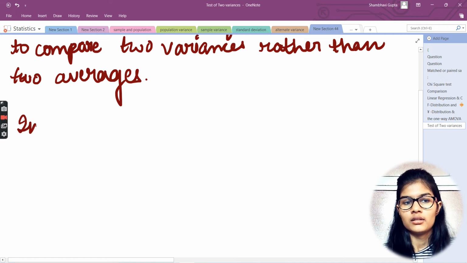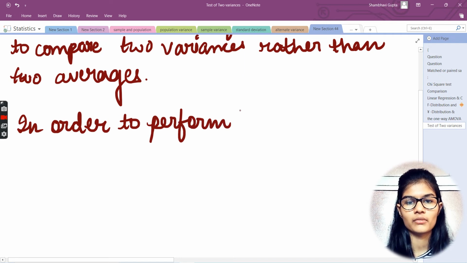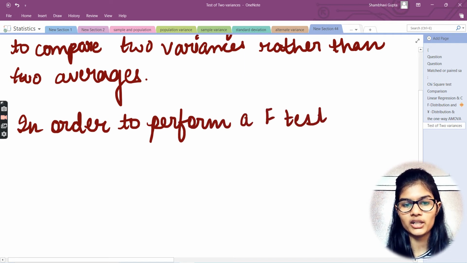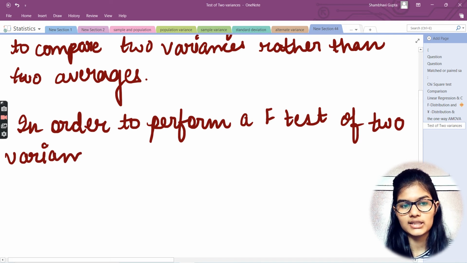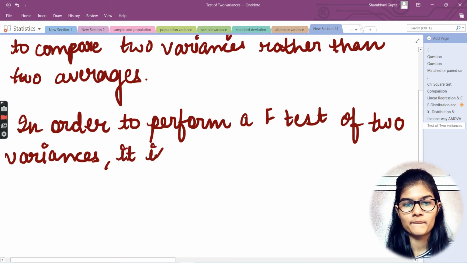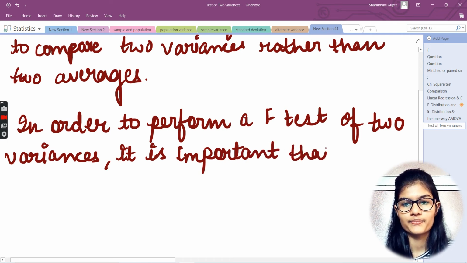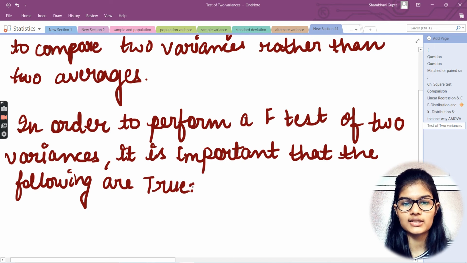In order to perform an F test of two variances, it is completely important that the following conditions which I'm mentioning are true.